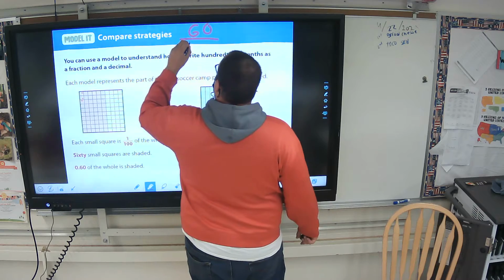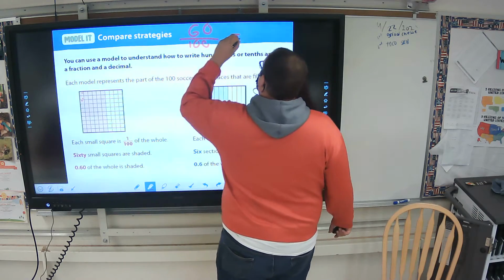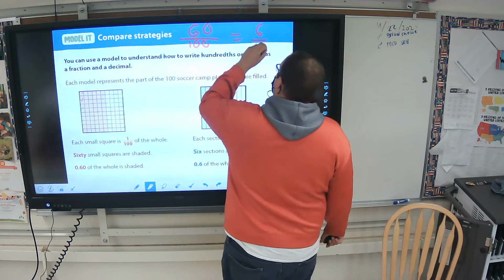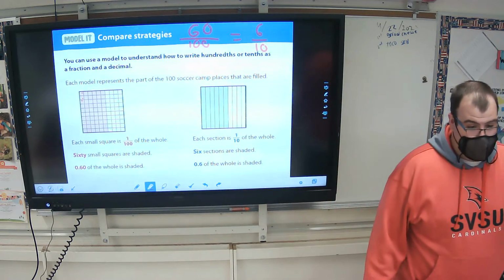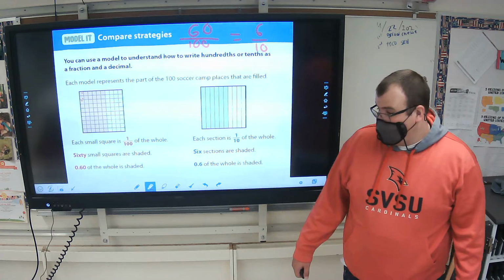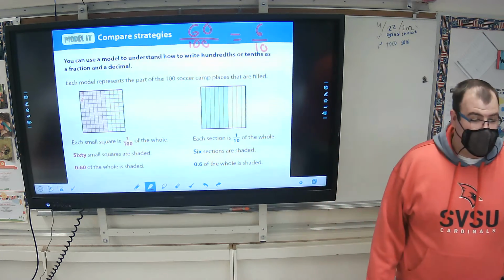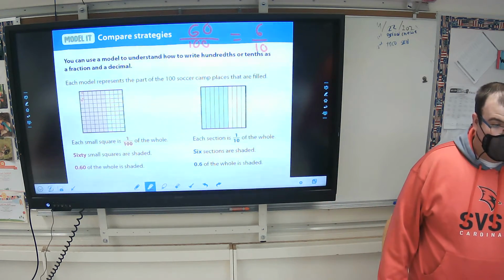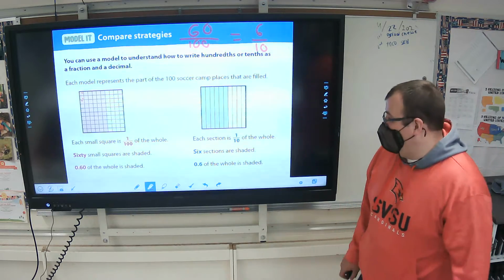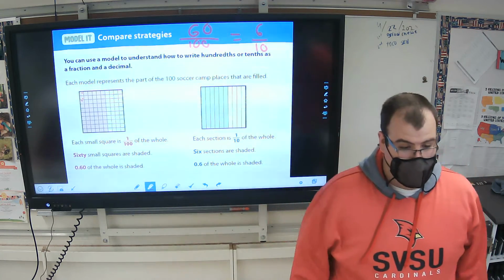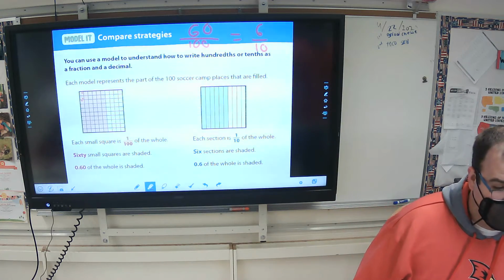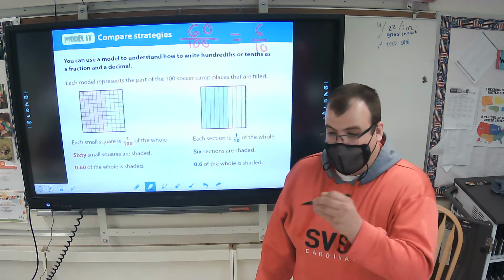Is 60 over 100 equivalent to 6 over 10? Yes, we can take a 10 from each side, right? So what are we finding now? We're finding equivalent fractions and equivalent decimals. 60 hundredths is equivalent to 6/10.